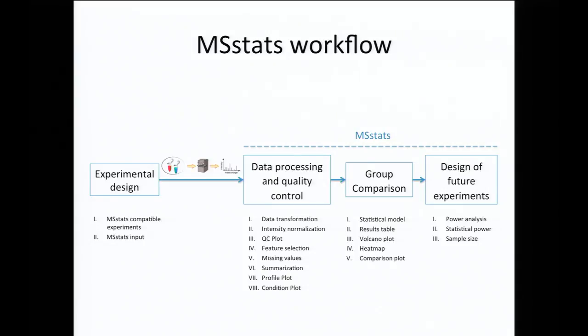Then we'll talk about the actual MSstats processing steps, which include data processing and quality control, followed by a group comparison where you actually get those differentially abundant proteins. And finally, you can also use this option to design follow-up experiments.